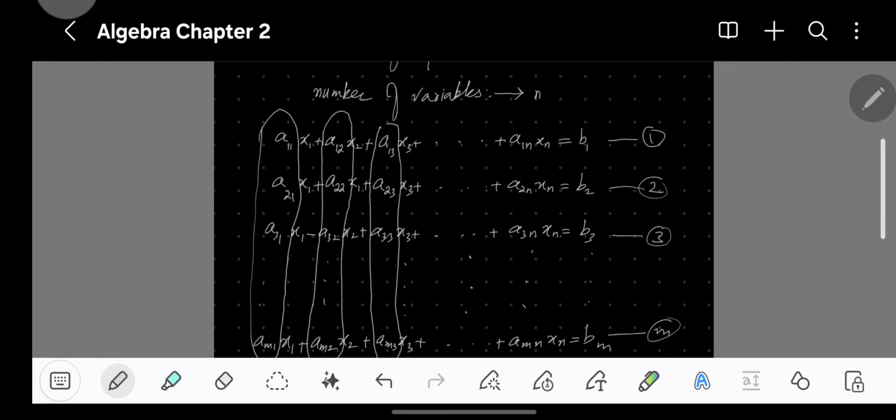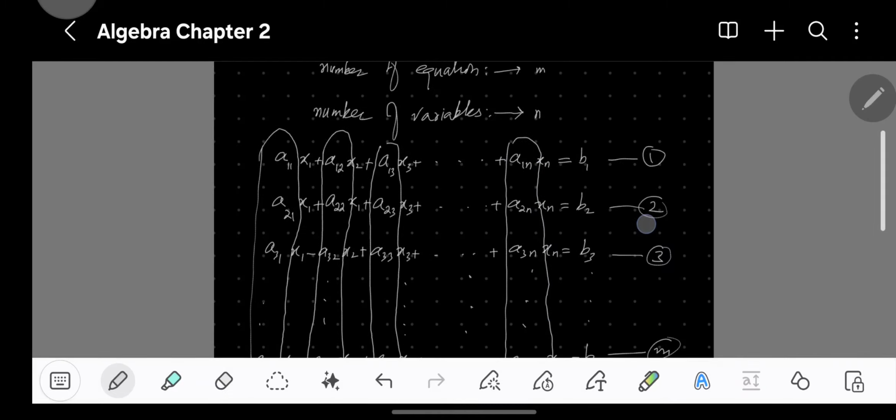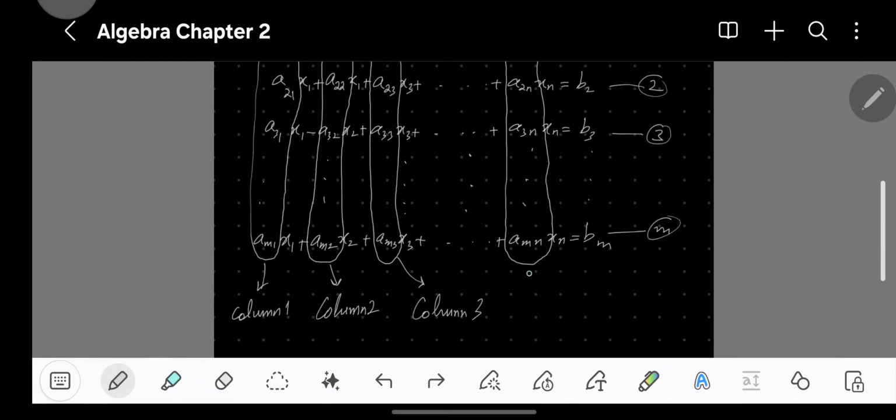And so on, along the last column, think how many columns there are. It depends on how many variables there are. You can check. This is the first variable, this is the second variable, this is the third variable, this is the nth variable. So there are n variables. So that means there are n columns. So this is the nth column, column n. So you can check along each column, the second index is the same.